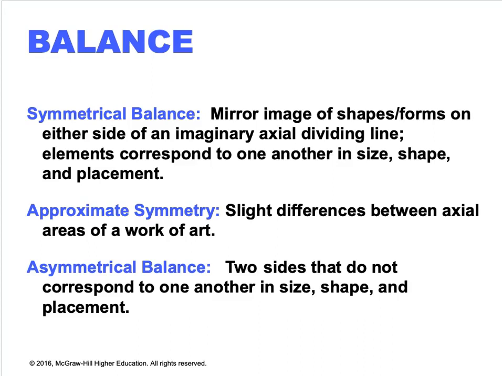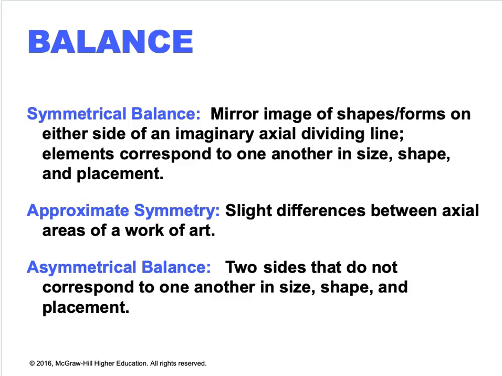You don't see true symmetrical balance a ton in art. Sometimes you see it more in modern contemporary art. More times than not, we see these other 2 styles, approximate and asymmetrical. So to finish my definition there: a mirror image on either side of this imaginary axial dividing line.